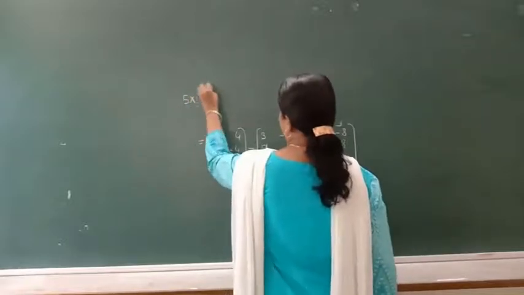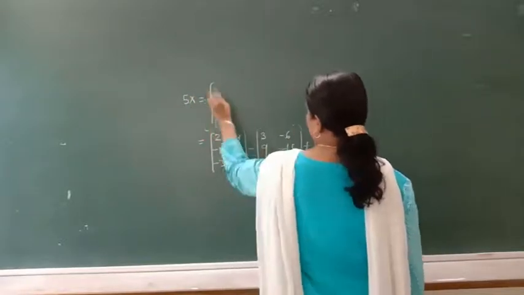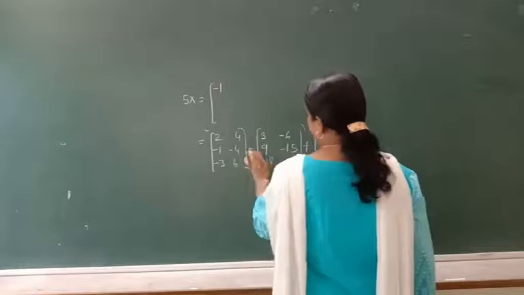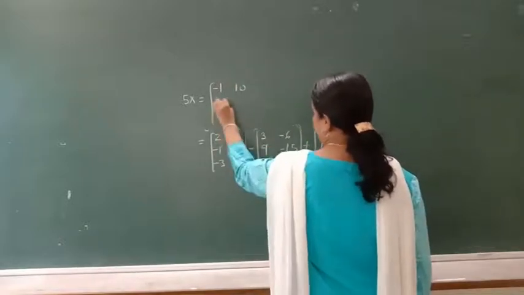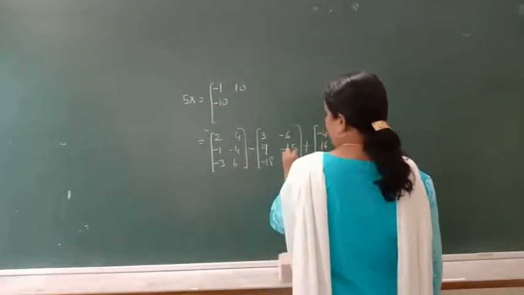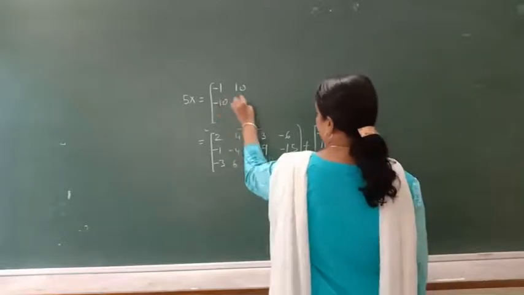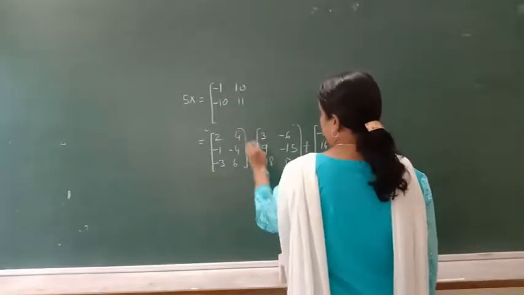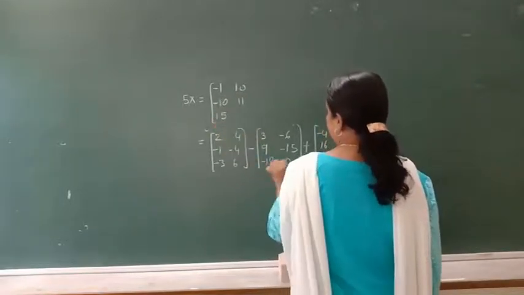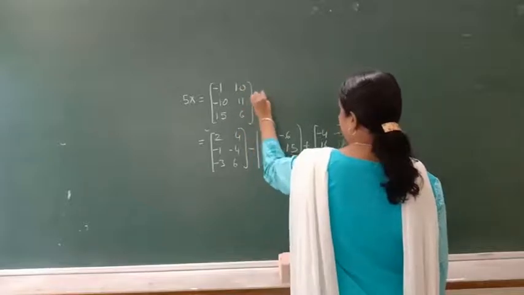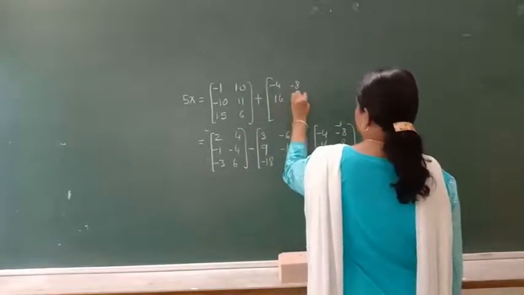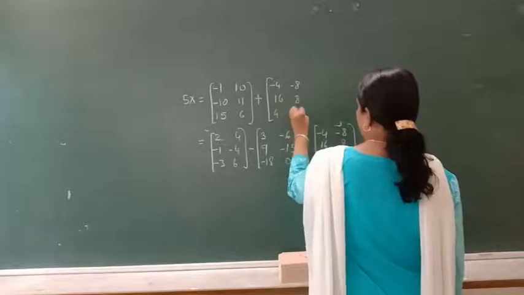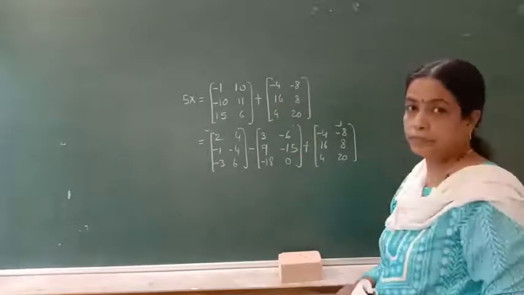5X will be equal to 2 minus 3 is -1. 4 minus 6 is 10... -1 minus 9 is -10. -4 plus 15 is 11. -3 plus 18 is 15. 6 minus 0 is 6. Plus [-4 -8 16; 8 4 20].